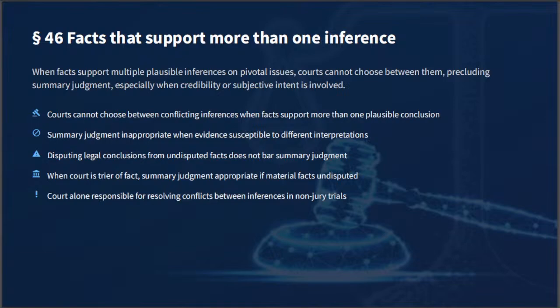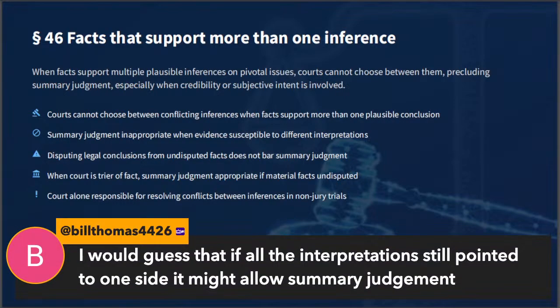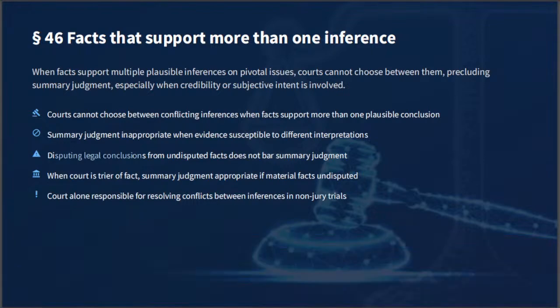But as you're saying here, if it's just about the interpretations, disputing the legal conclusions from undisputed facts does not bar the summary judgment. So the point being is that undisputed facts would allow it to be considered for summary judgment.